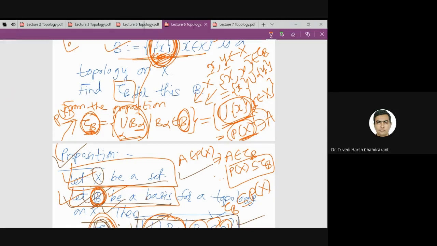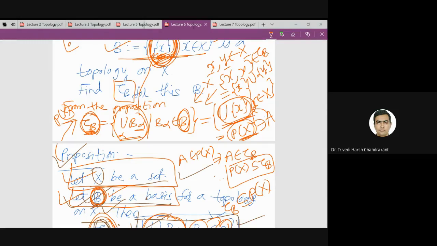Rectangle and circle. Exactly. So those are the rectangles and the circles. So two bases we can define for any particular topology. That is possible.